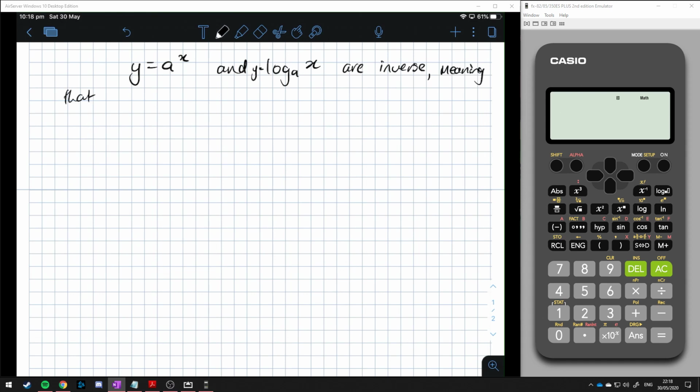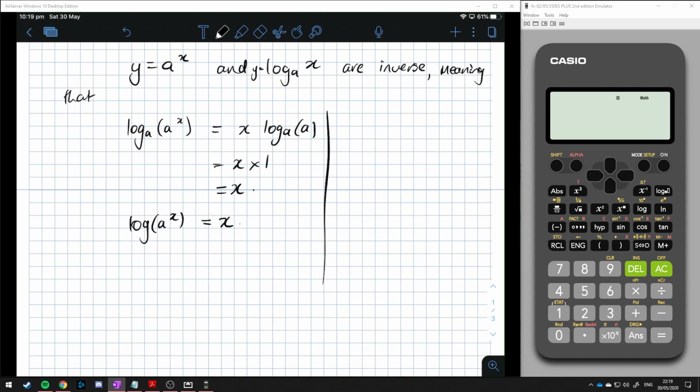This is some really cool stuff that we can do. We know this result already: log a of a to the x equals x log a of a, and any base with the same value, like saying 2 to the power of what gives me 2, is just 1, so it's x times 1, which is just equal to x. So log a of a to the x is equal to x.